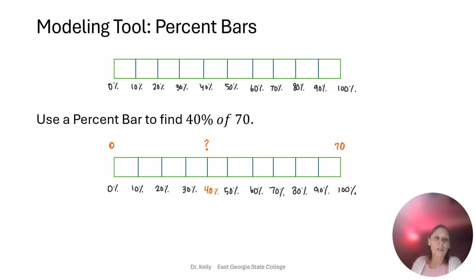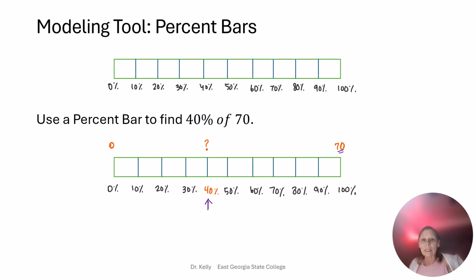Okay, so we're going to see how to do this. We're going to use a bar to find 40% of 70. So I've set up a percent bar here, and I highlighted the 40%. And over here I showed that 100% is actually equal to 70.